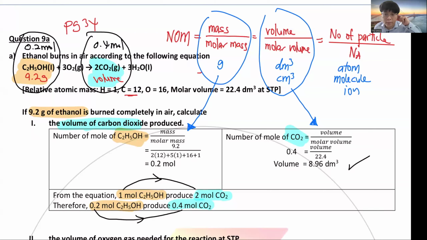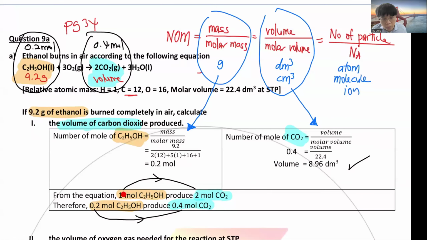Yeah, so this is the question. You remember, you need to convert your 9.2 gram into mole. Then from the mole, you get the ratio. 1 becomes 2, so 0.2 becomes 0.4. Then from 0.4, you convert to the volume that you want. The ratio is here, C2H5OH will produce 2 CO2.